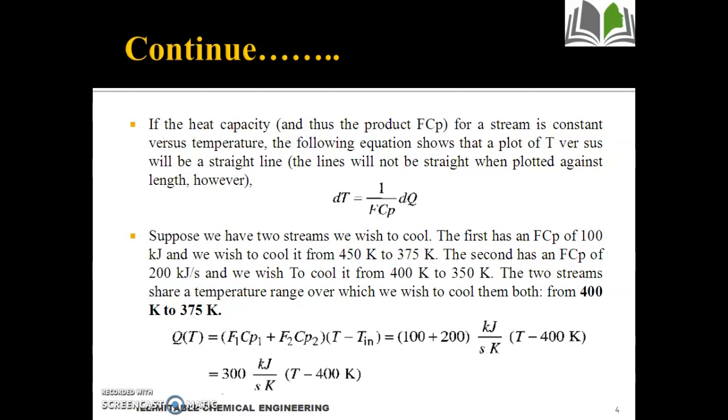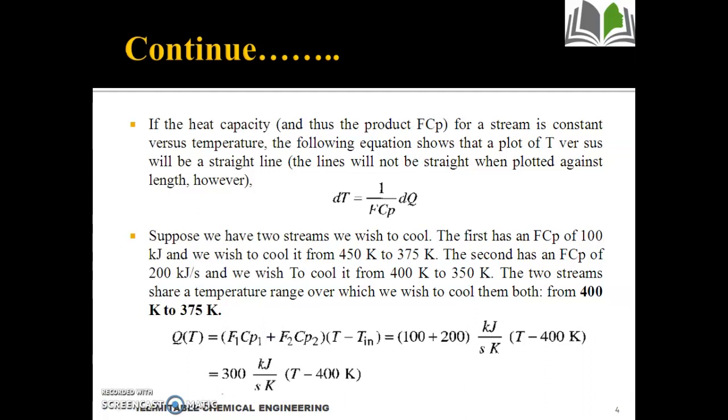What will be the inlet temperature? Here the temperature is 400. Why? Because we are taking this temperature range 400 to 375 Kelvin, and how much it will achieve, that is T, means how much heat is removed, is not fixed, so we write it as T. Here, as they pass through the exchanger, they act like one stream with the combined FCp, that is 300, right?